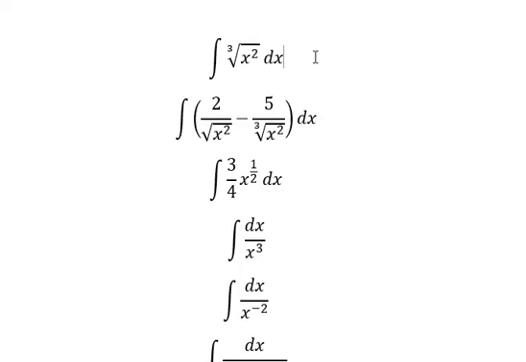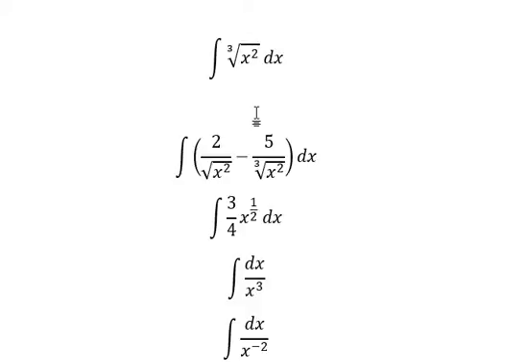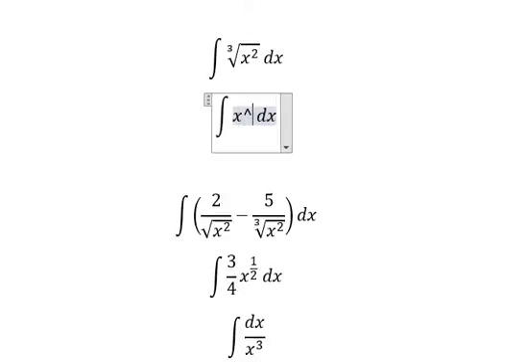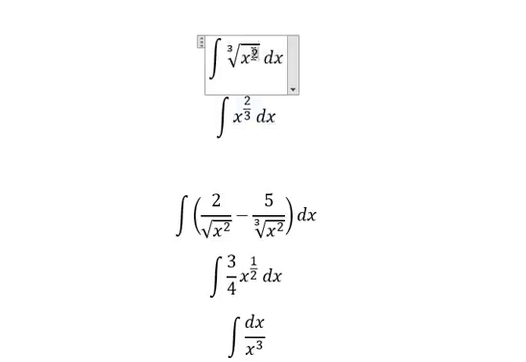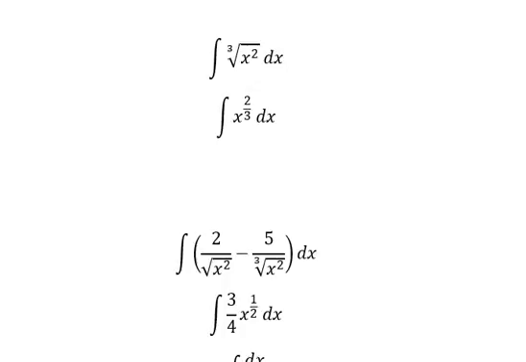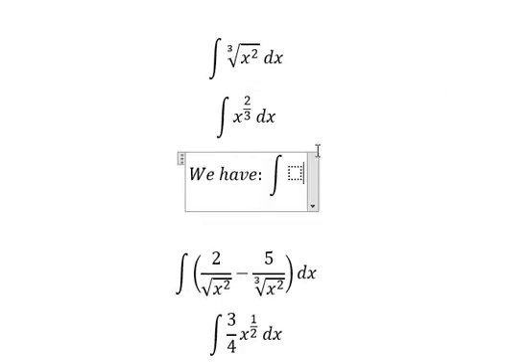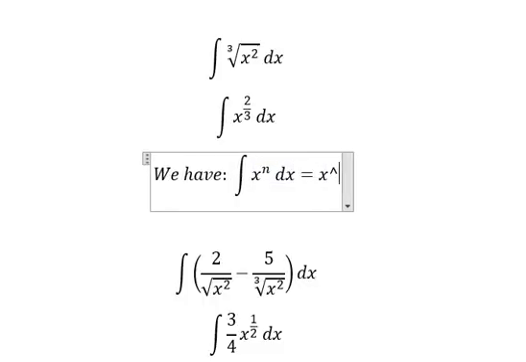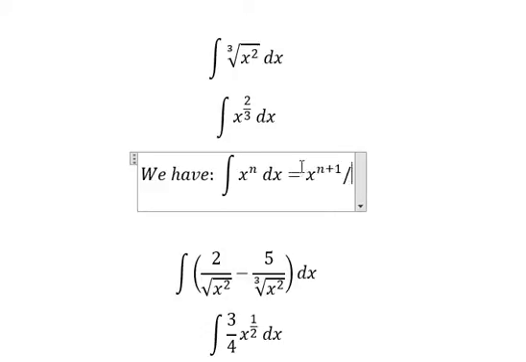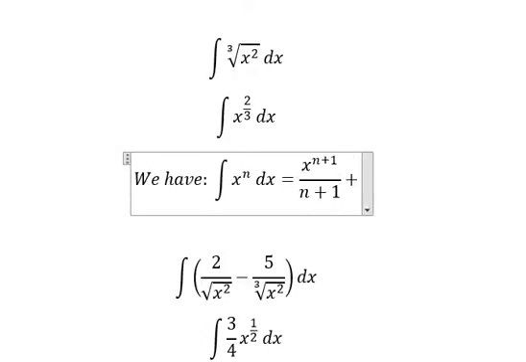Now, about this one, we can transform it into s to the power of 2 over 3. The cubic root is 1 over 3, and we have the number 2, so 2 multiplied by 1 over 3. That's why we have this. Now we have the formula here: the integration of s to the power of n ds is s to the power of n plus 1 over n plus 1, plus c.